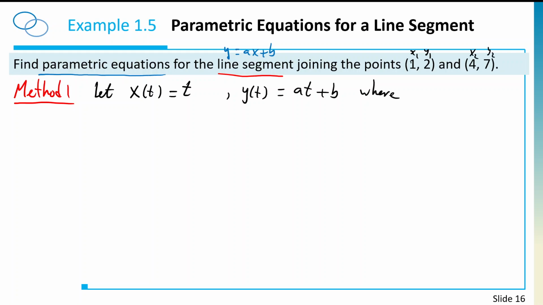So x changes from 1 to 4. So if x is t, that means t changes from 1 to 4. Now this is my assumption.